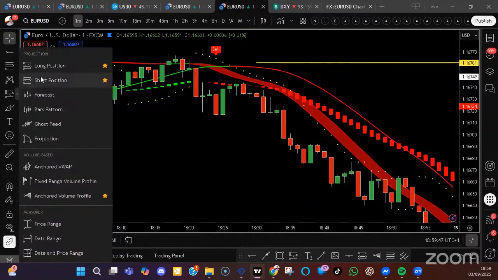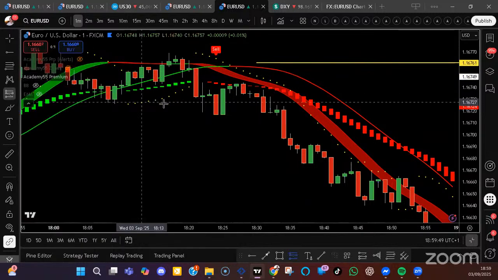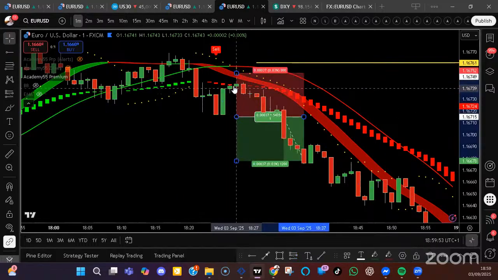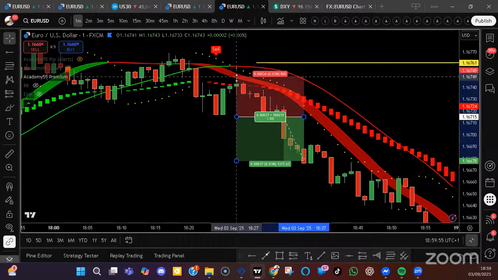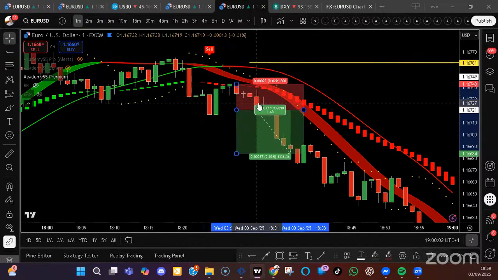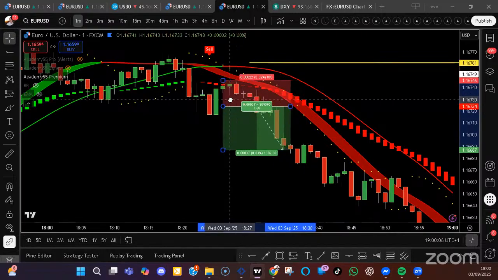Keeping a minimum of 2.2 pips away, which would be there. This time it's very, very close actually.